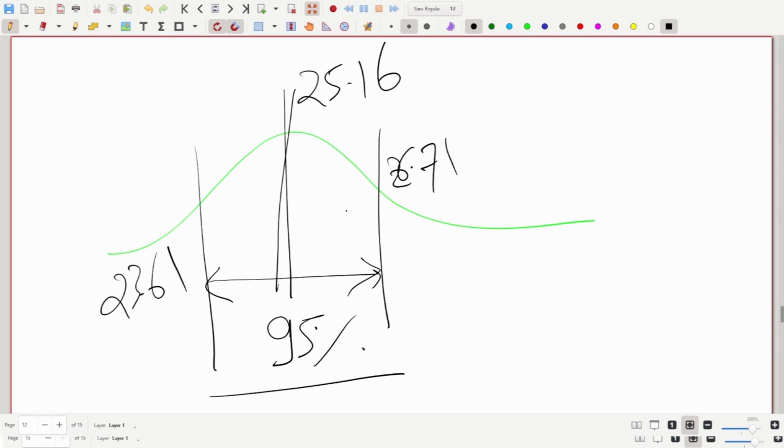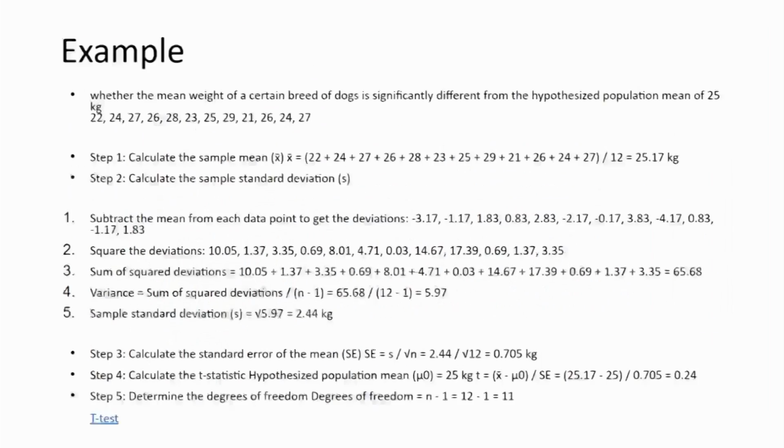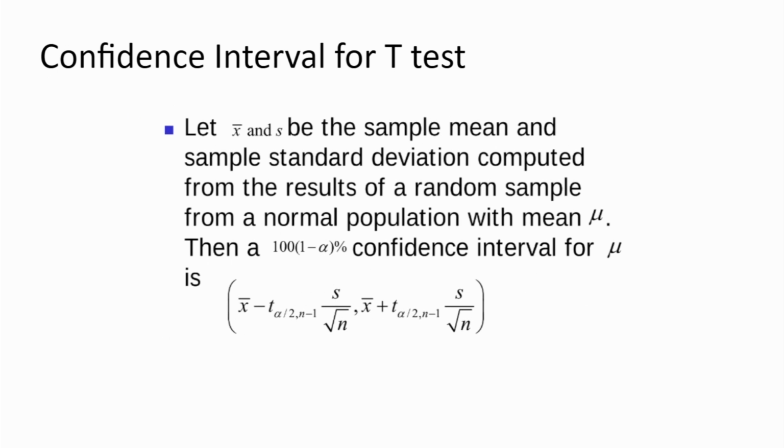Now this can be easily checked, if you remember, let's go back and show you: x bar is 25.16, t alpha by 2 is 0.025 because alpha is 0.05, then 12 minus 1, and s by root n, we have all these things.